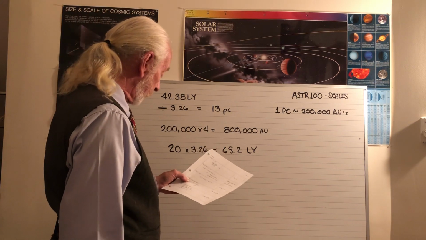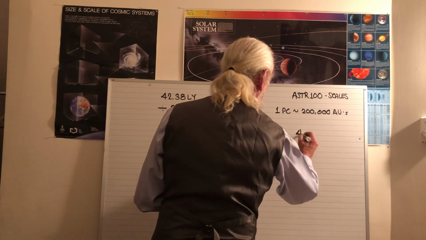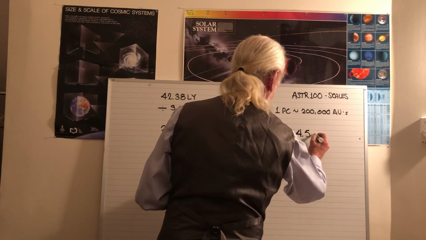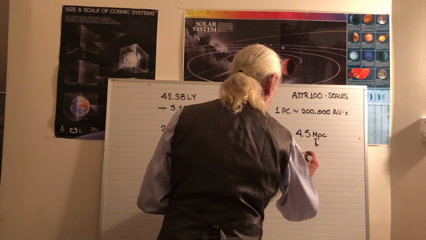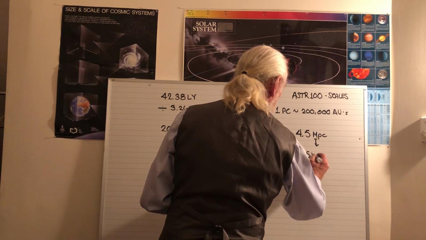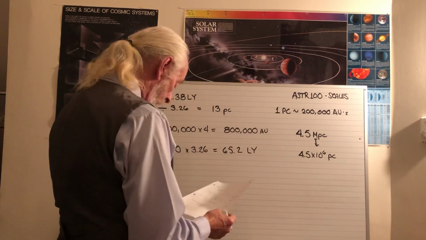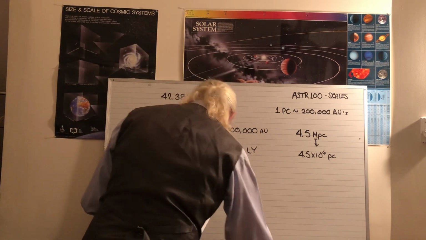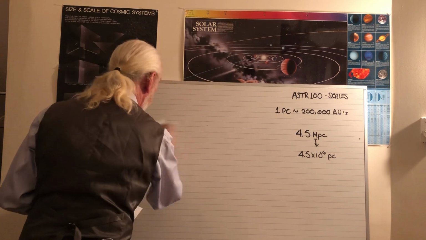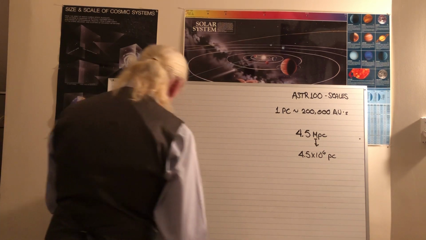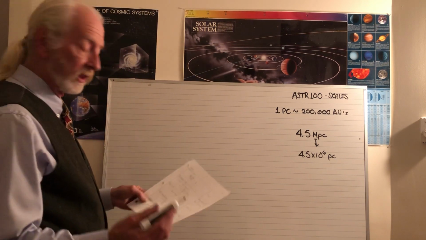4.2 megaparsecs. How would we express that in scientific notation? We're going to replace mega with 10 to the 6. Okay, and finally, 380,000 kilometers is going to be how many meters expressed in scientific notation?